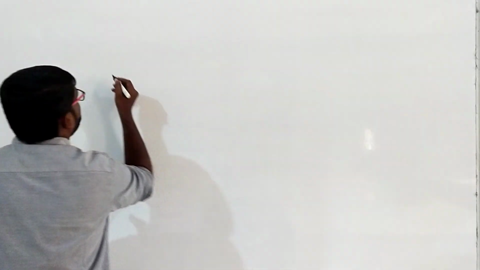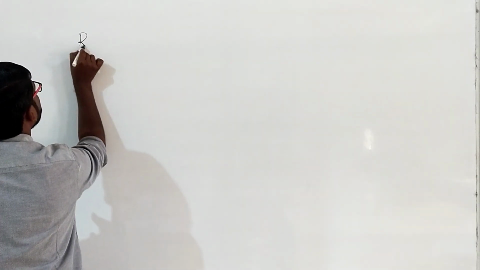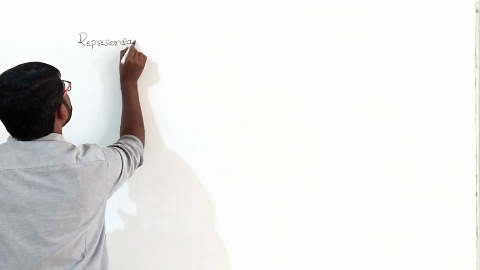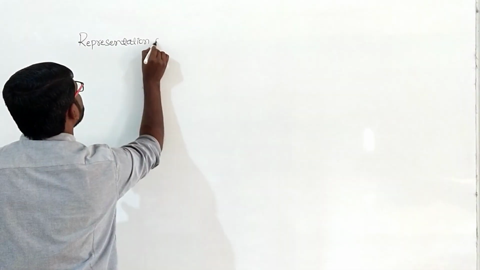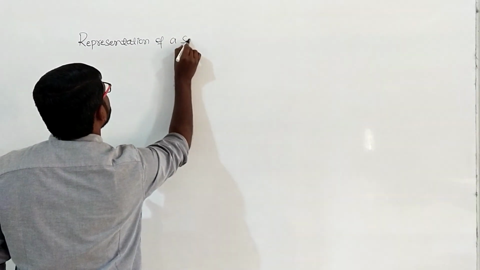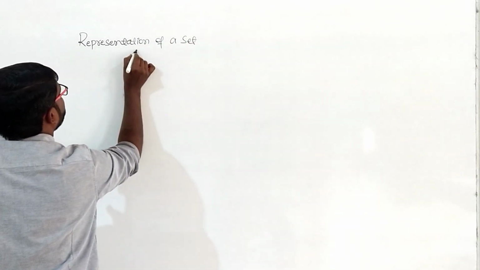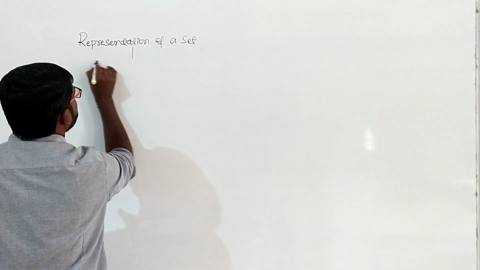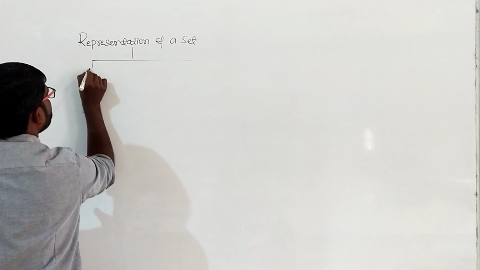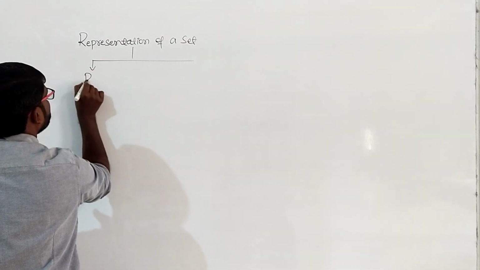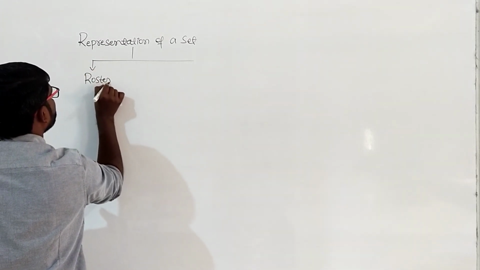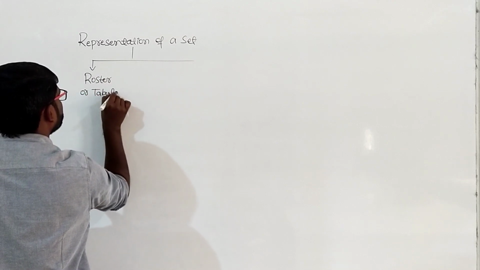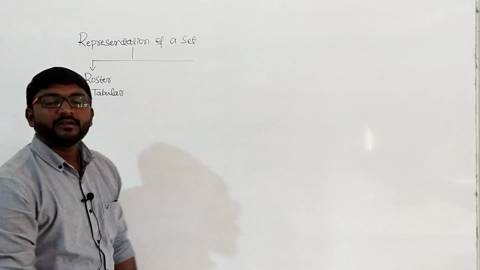So here, representation of a set. In this we have two methods. The first one is the roster or tabular form.